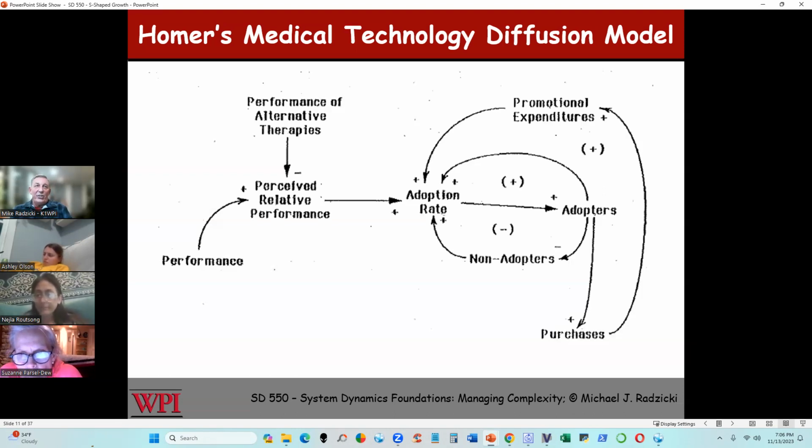And a lot of the conversation was, well, we're sure doctors don't just look at a brochure, even if it's all false advertising, and go, oh, okay. They do doctor stuff too, right? They talk to their colleagues, they observe other patients, and they evaluate other therapies, right? So in addition to hearing about the new medical technology from promotional materials, they're looking at the relative performance of that therapy versus some other way of treating the patient.